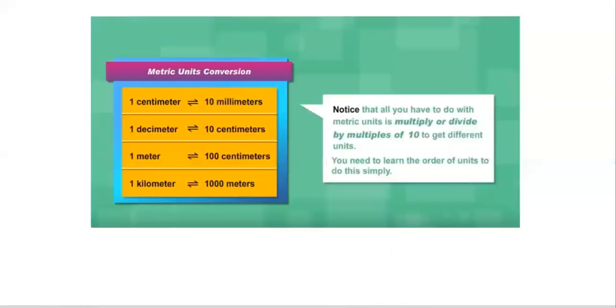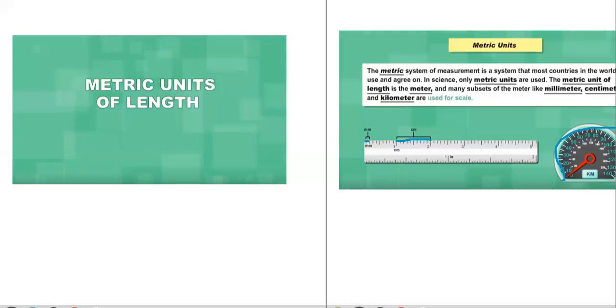Now, what are the facts to convert the metric units? These are facts. 1 centimeter equals 10 millimeters. If you go back here and count, this is a centimeter.